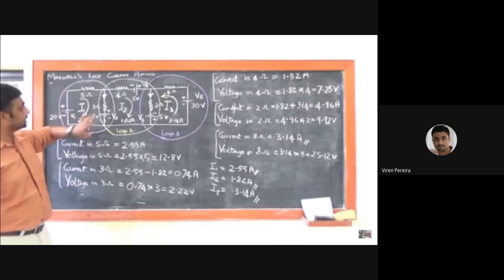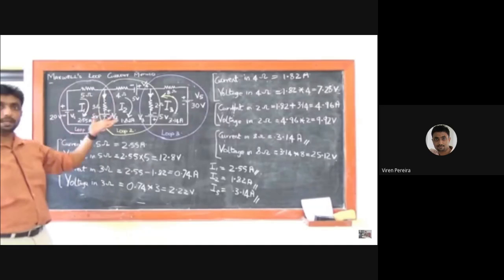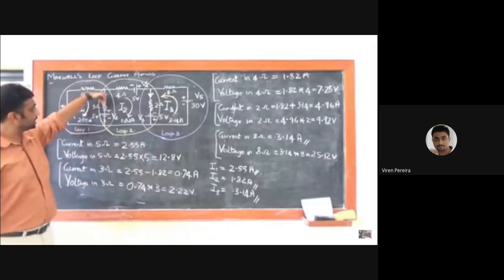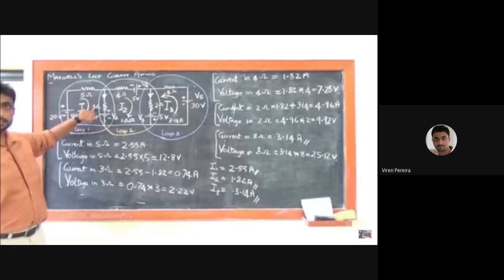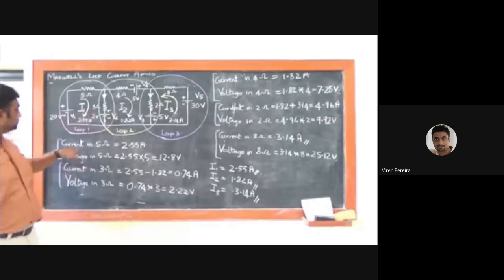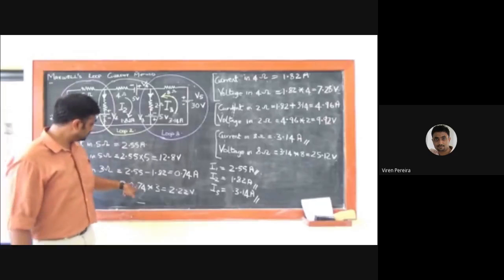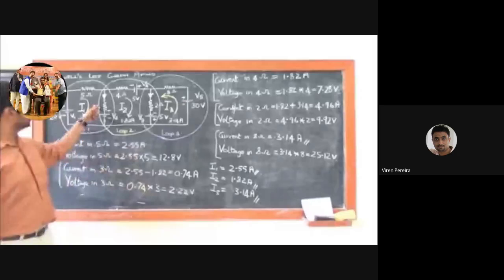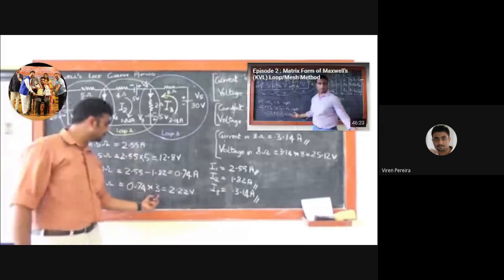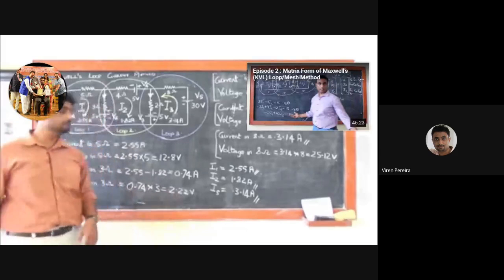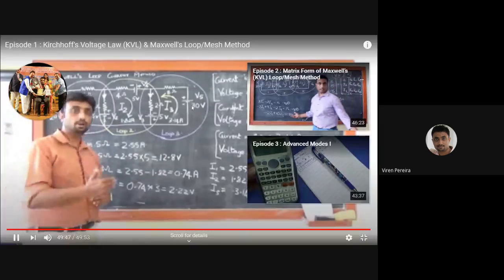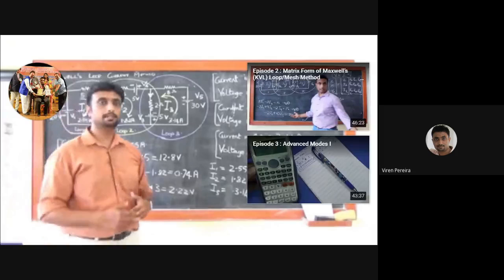Then the voltage in this 3 ohms resistor is V equals I into R. We have the value of current flowing in this resistor and the resistance value, so it will be 0.74, the effective current here, into the resistor value, which is 3. So 0.74 into 3 will give us 2.22 volts. And this is how you can solve using Maxwell's current method.